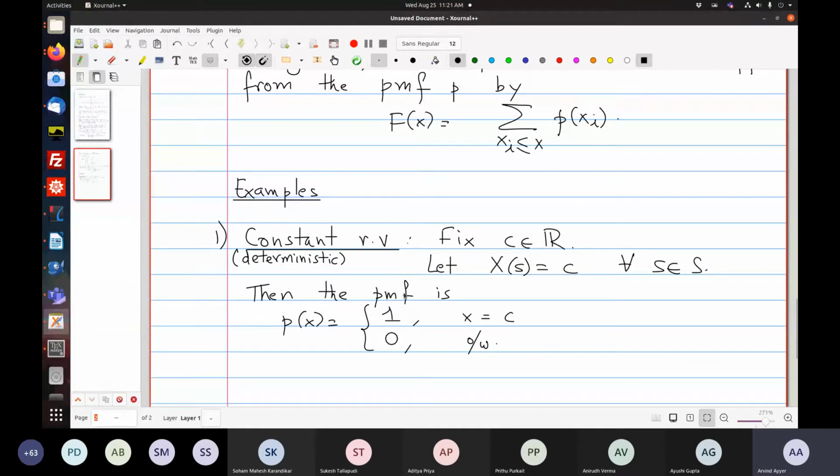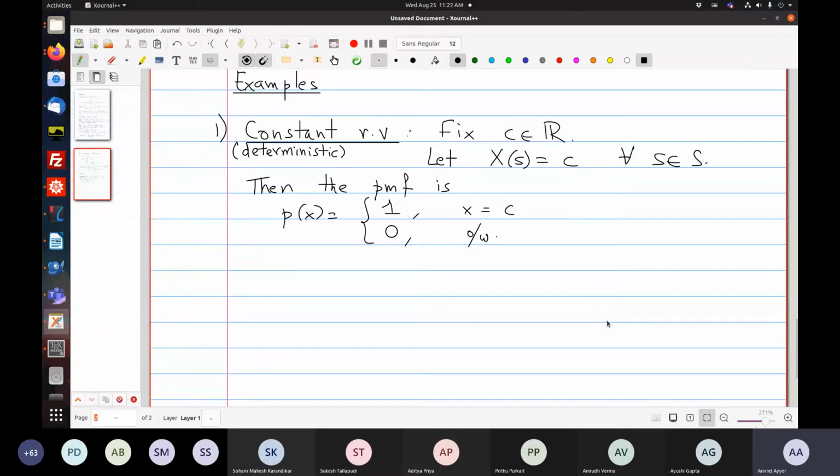You can argue either by the fact that the total probability is 1 and there is only one value, so it has to be 1, or from the fact that for every S in capital S, which I remind you is a member of the sigma algebra by definition, my random variable takes value C. So for the event capital S, x is equal to 1. It's the same value at all points there. So therefore the probability is 1.